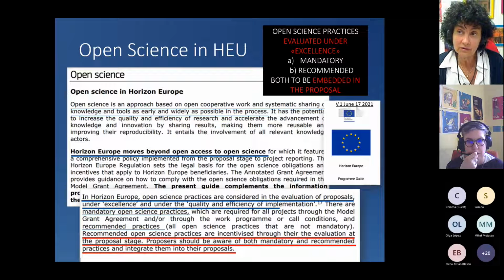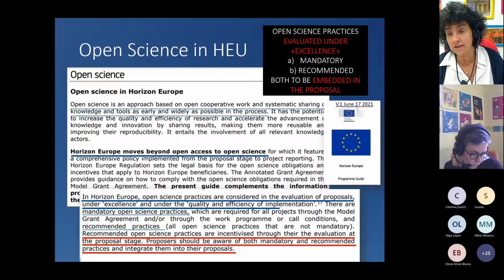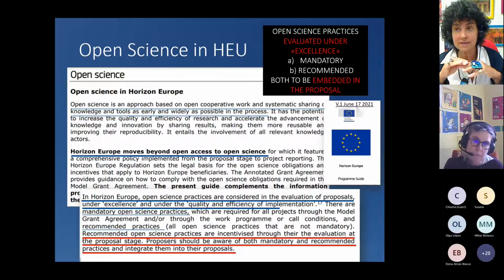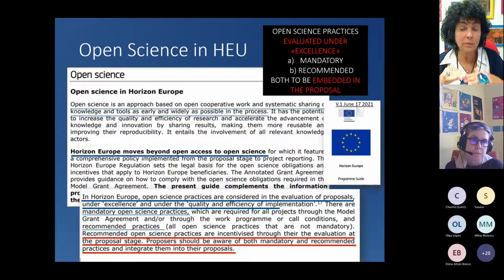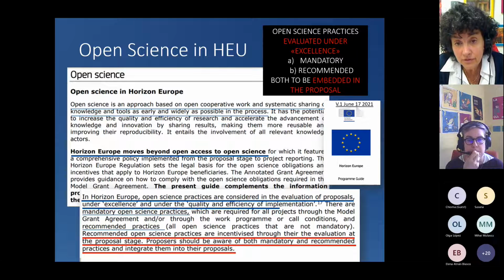As we discussed during our second module, your research should be open by design, okay? It's not just that you do research as usual, so it's business as usual, and then in the end you share. No, it's that your research should be open by design, okay? So it's based on open cooperative work and systematic sharing of knowledge and tools as early and widely as possible in the process, okay?